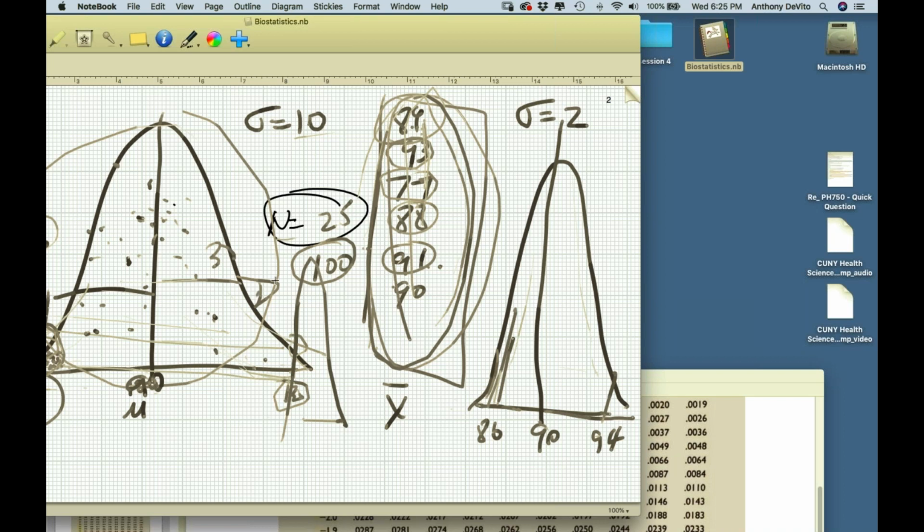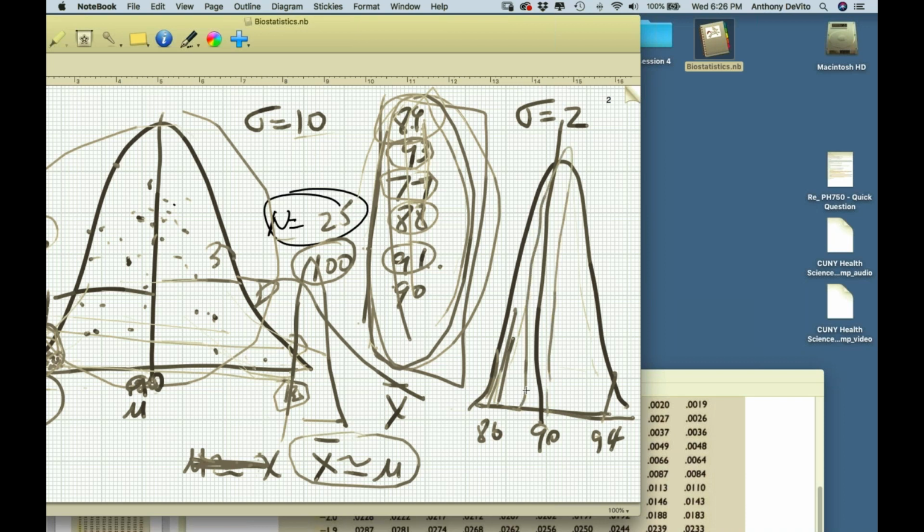So in any case, when you take a sample, you take an approximation of the mean. In other words, you're after mu, and your x bar is approximating what mu is. But the bigger the sample you take, the more likely that you're going to be closer to the mean. Doesn't mean you're going to be at the mean.